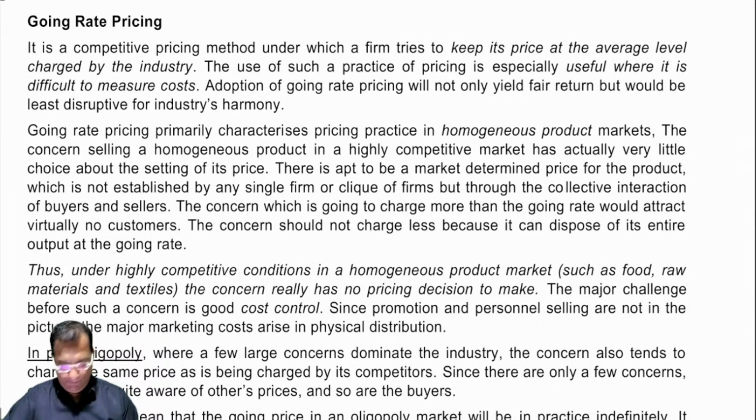Write down the second point in this topic, going rate pricing policy, second point.